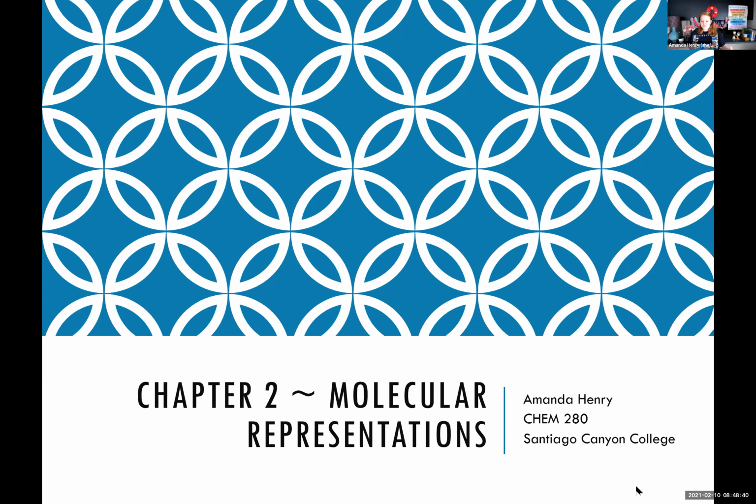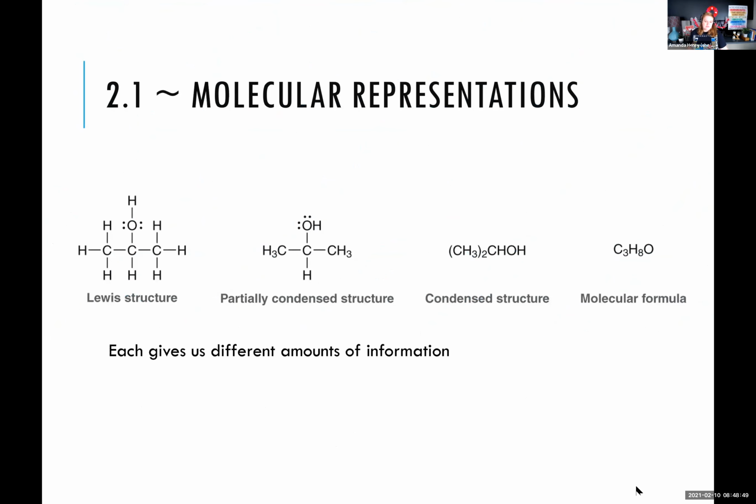Some of these first couple of chapters are going to feel that way. Our first chapter is molecular representations. We're going to talk about Lewis structures, which we know, but we're going to expand on that and talk about it from an organic chemistry perspective.